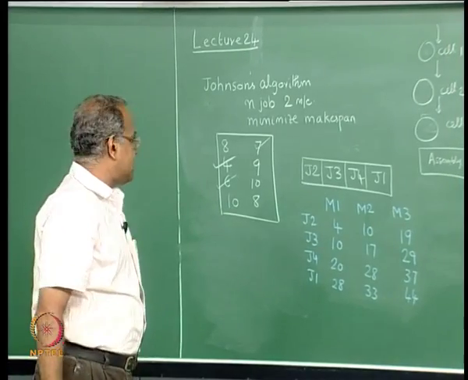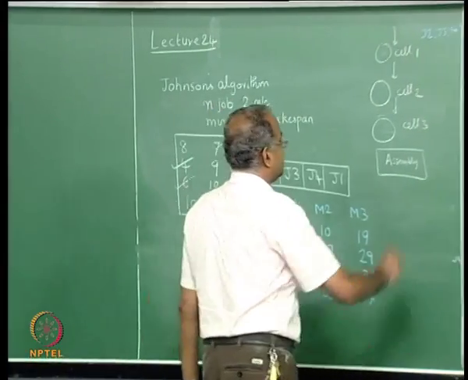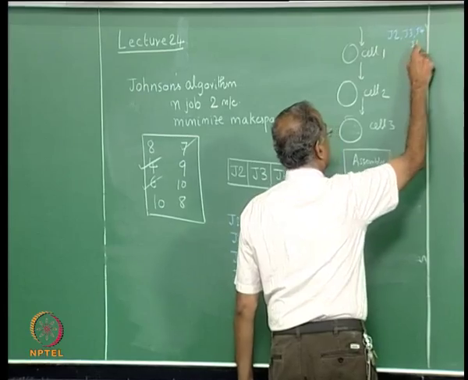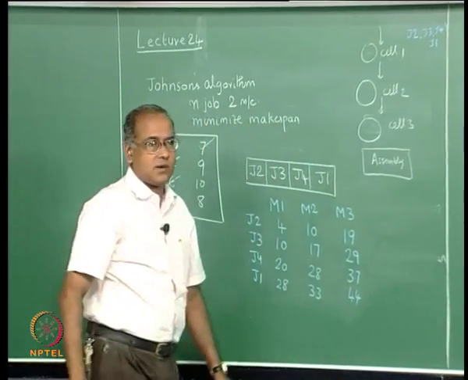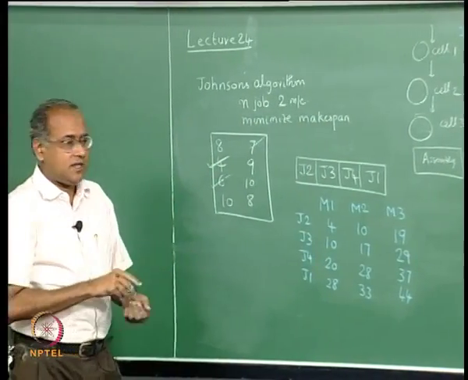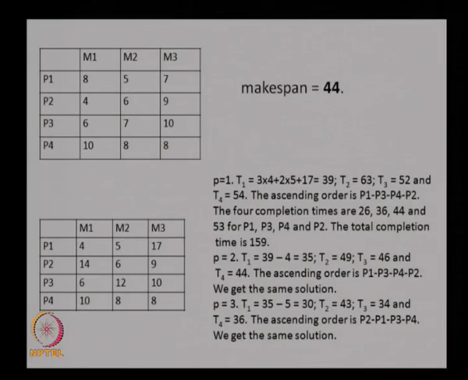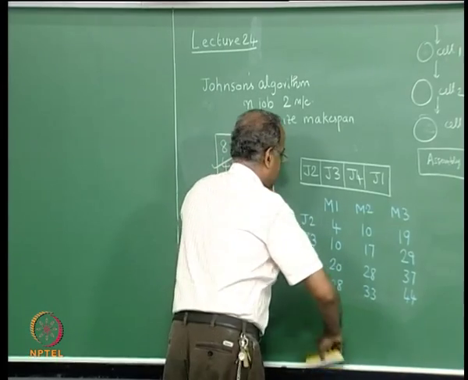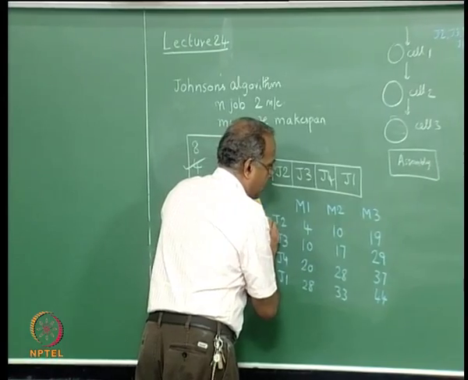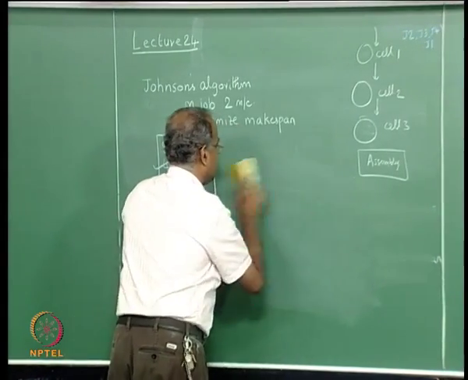So if we follow this sequence J2, J3, J4, J1, it is completed at 44, which is what is shown in the table. So the algorithm does not stop here, the algorithm does something more, which is this.